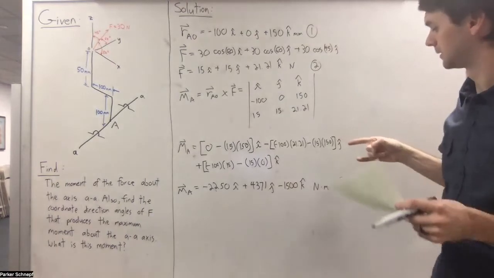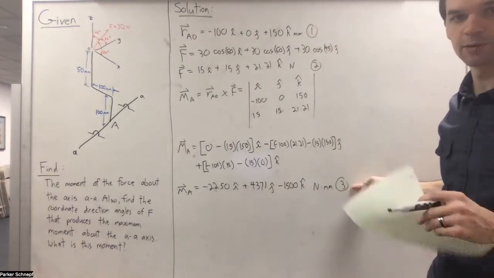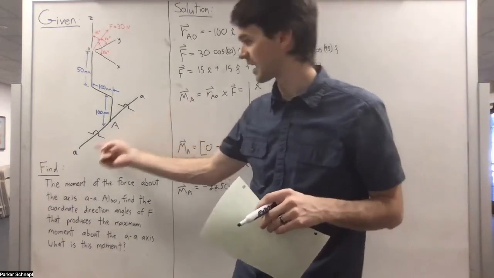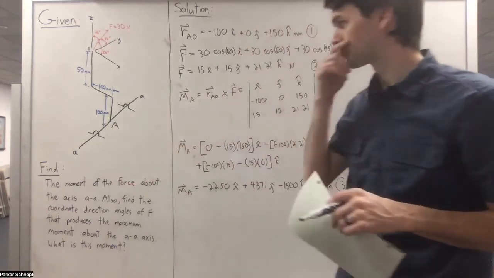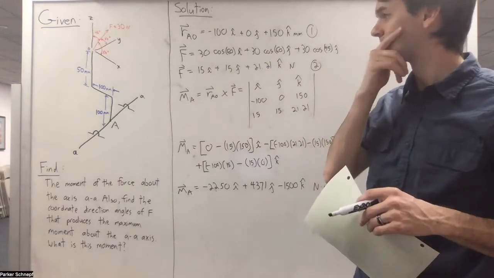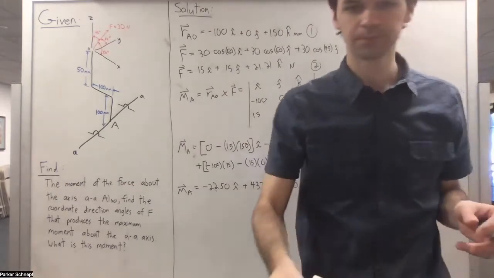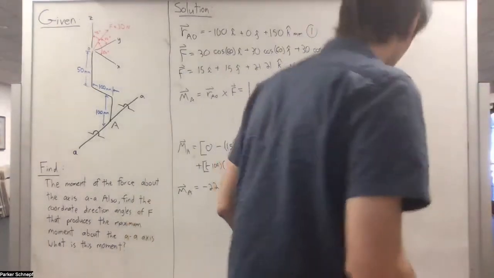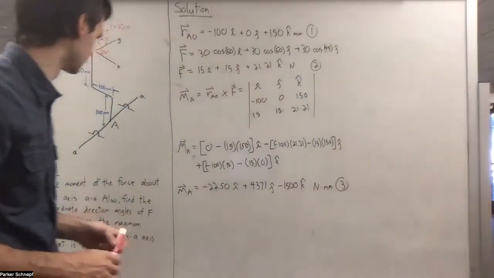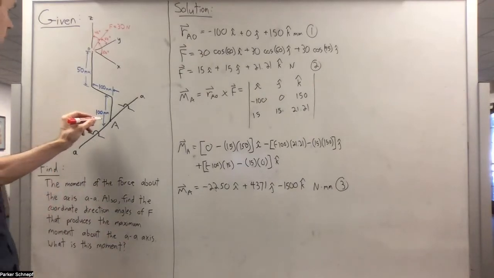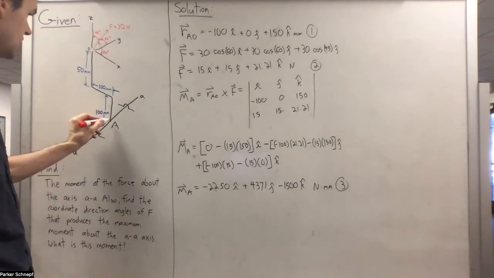Now, that's not the final answer, right? That's the moment about A. We aren't looking for the moment about A. We're looking for the moment about this axis. So if we were to draw that moment about A as a vector, it would be going in the negative x, positive y, negative z.